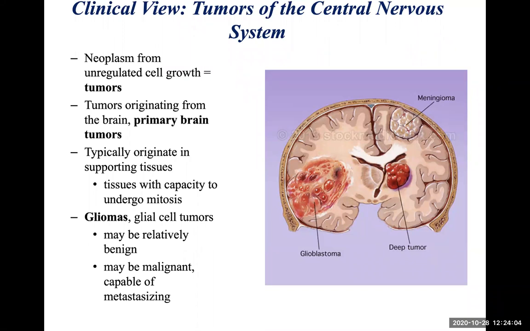Going back to the types of cells that these tumors originate from, the vast majority of tumors, benign or malignant, derive from glial cells, which makes sense because glial cells are highly mitotic. Very few cancers of the nervous system are of neuron origin, and that's just because neurons are mostly amitotic. That's not to say they don't exist. They certainly do.